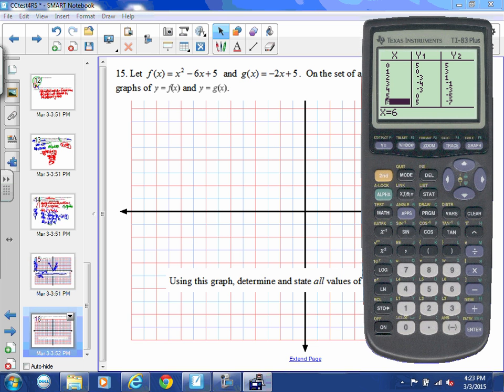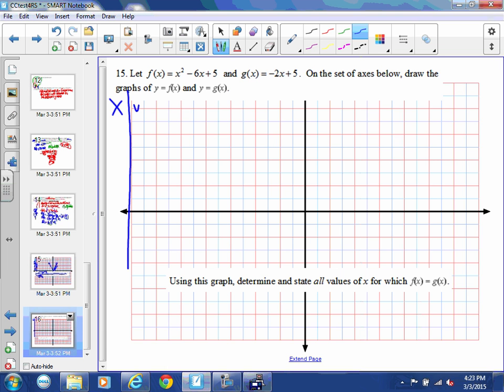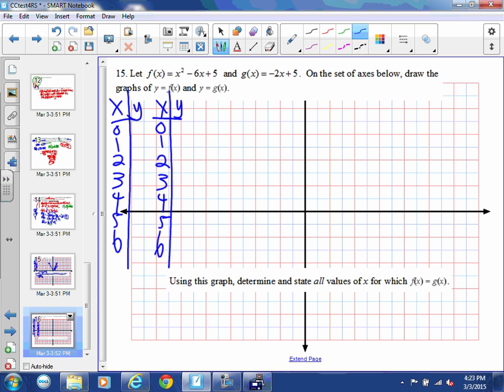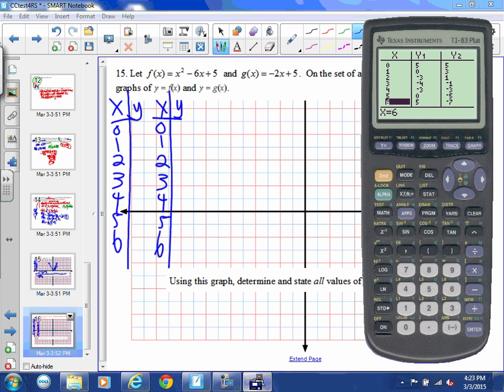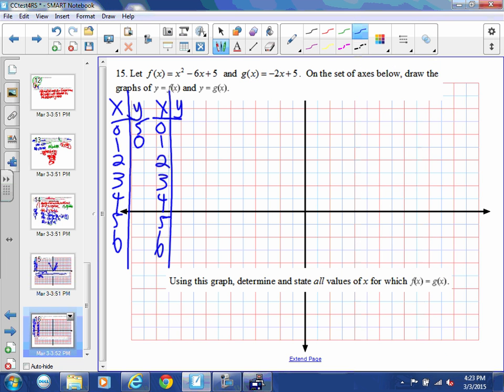So I'm from 0 to 6. And I have 5, 0, -3, -4. And the mirror image of that. And then I have 5, 3, 1, -1, -3, -5, 7.